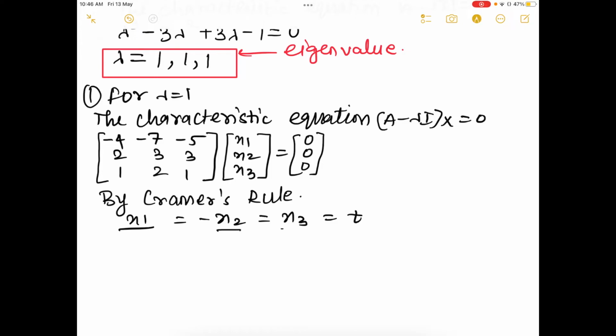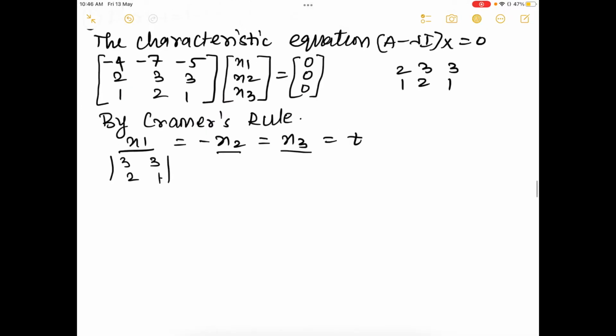Now we have to select two equations. I am selecting the second and the third. So for x1 we eliminate the first column, and we have got 3 3, 2 1. Then for x2 we eliminate the second column, we have 2 3, 1 1, and for x3 we eliminate the third column, we get 2 3, 1 2.